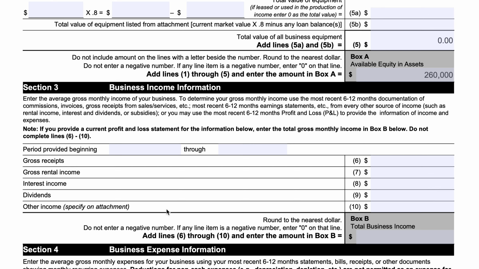You're going to want to enter the average gross monthly income of your business. And in order to do that, you would use the most recent 6 to 12 months of documentation of your commissions, invoices, gross receipts, and so on. So you do have some discretion on whether 6 months or 12 months worth of earning statements reflects the most accurate information in your situation.